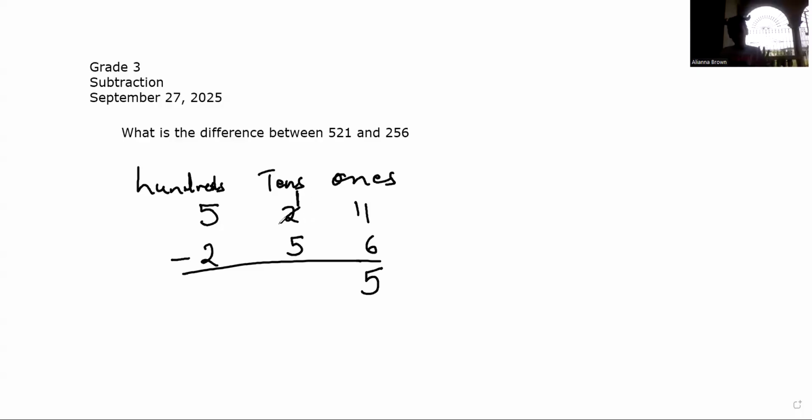We can't get 5 out of 1, so we're going to go to the hundreds place and borrow 1 from the 5. That leaves 4. Bring the 1 over to the tens place. That leaves 11 again. 11 take away 5 equals 6.